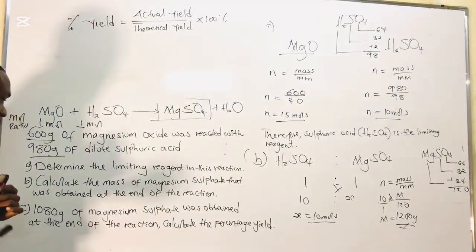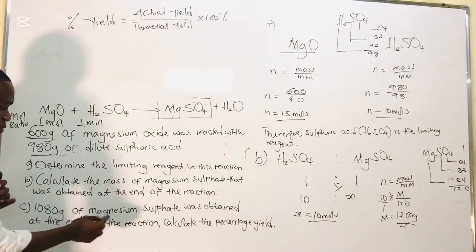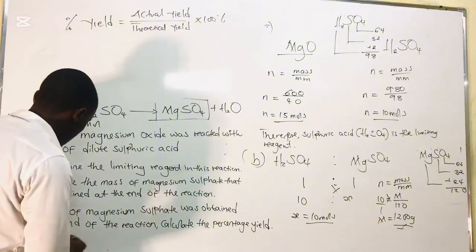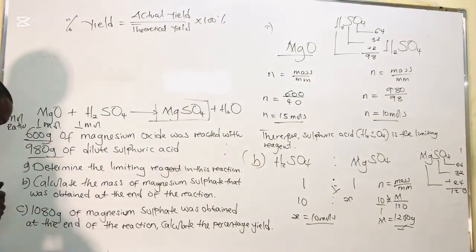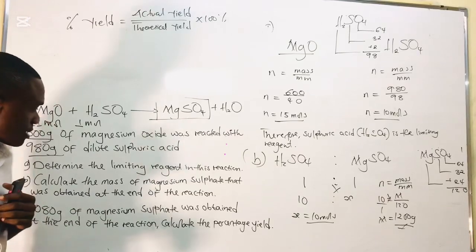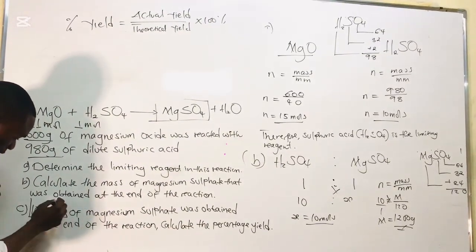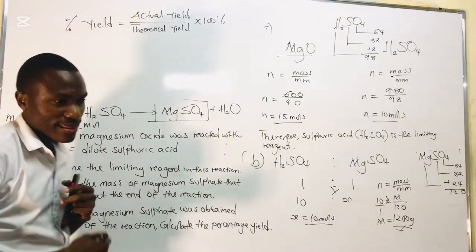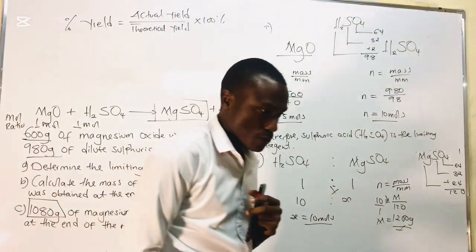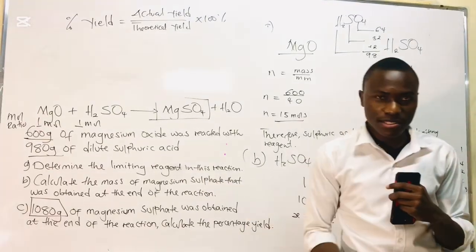So they want the percentage yield of what? They're saying 1,080 grams of magnesium sulfate was obtained at the end of the reaction. Calculate the percentage yield. So we're saying this is the formula for percentage yield. Now listen, because they've said this amount was collected at the end of the reaction, what they've said was collected is the actual yield.